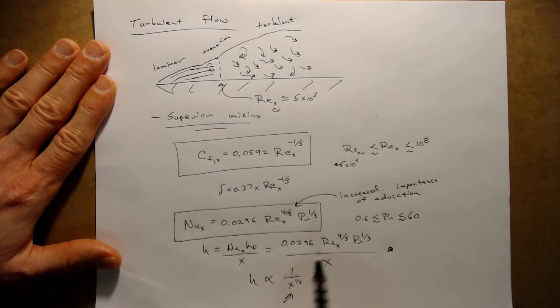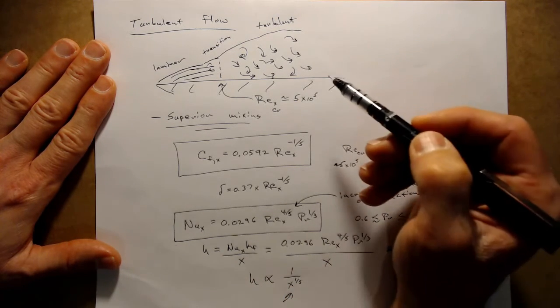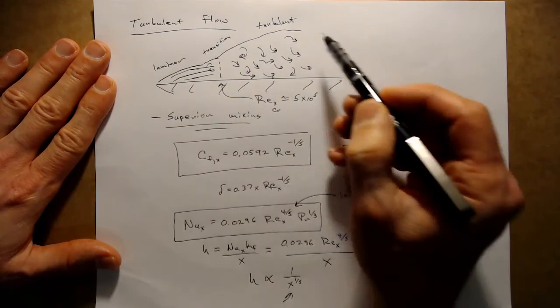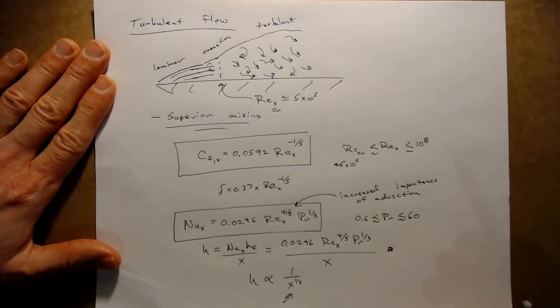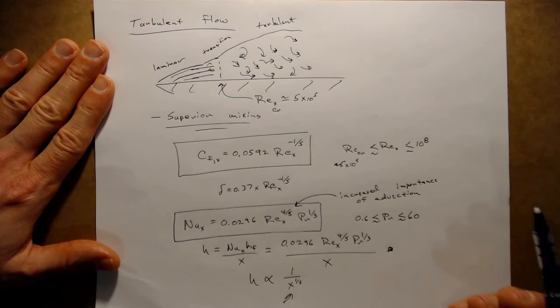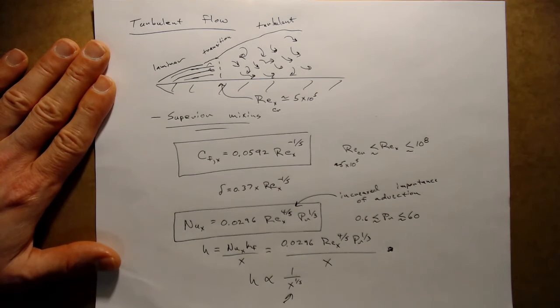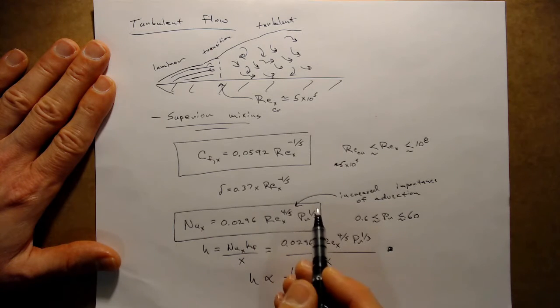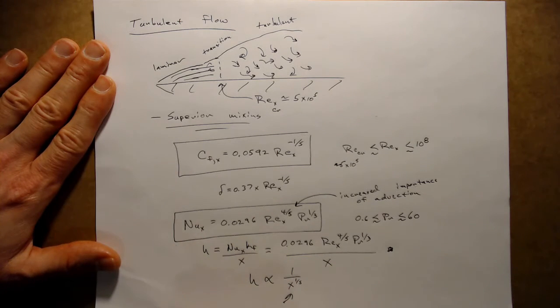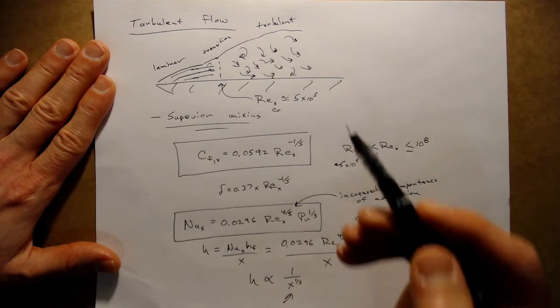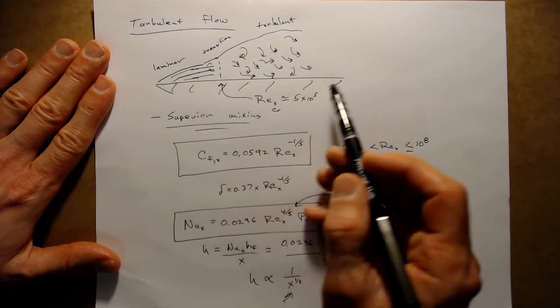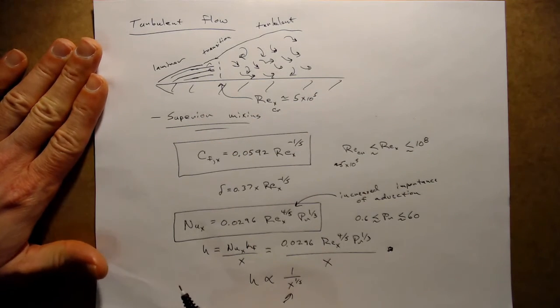And it's important to note that it's not really possible to solve the turbulent boundary layer equations under any normal circumstance, or at least a useful circumstance to us. So we're relying on experimental data, experimental correlations for most of the heat transfer correlations relating to the turbulent flow regime.